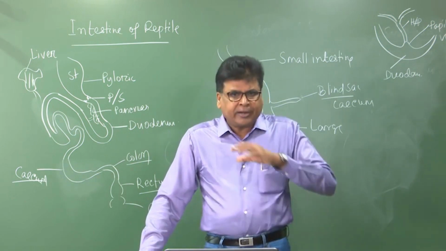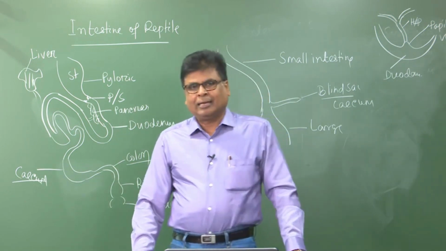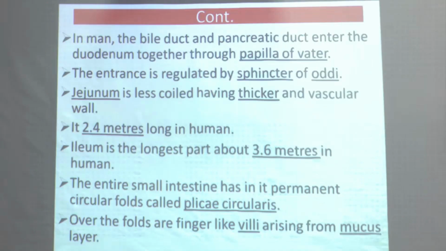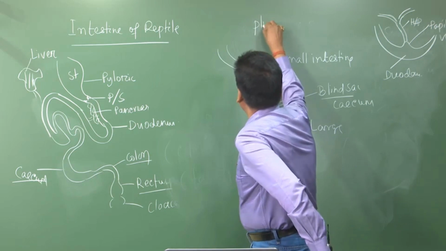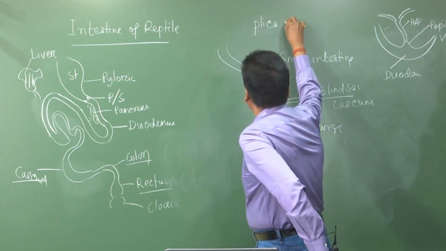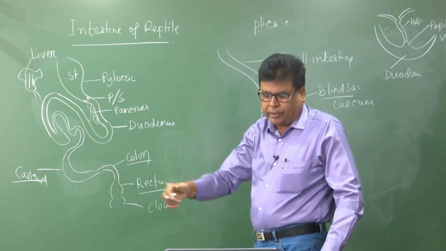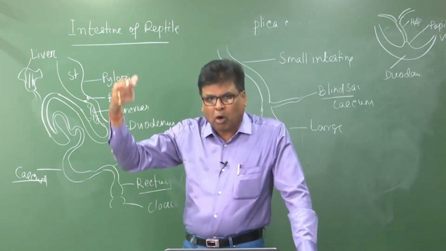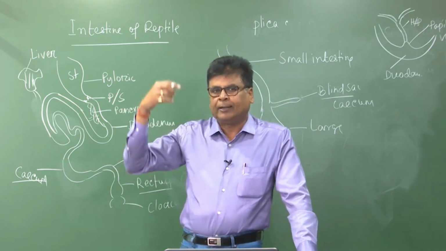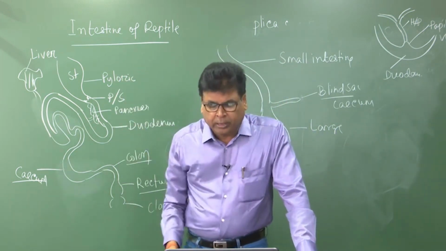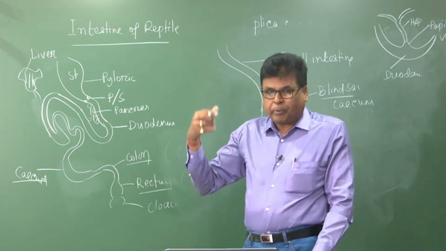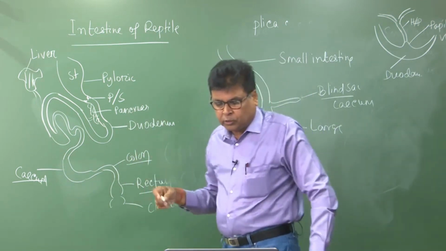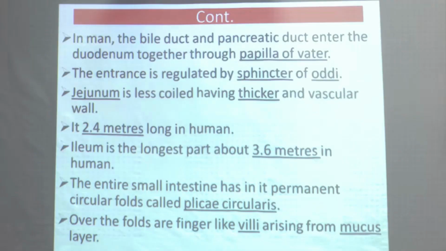The entire small intestine of the human has permanent circular folds that are known as plica circularis. So this is most important.